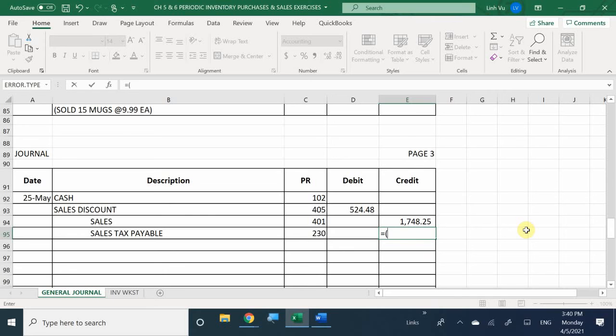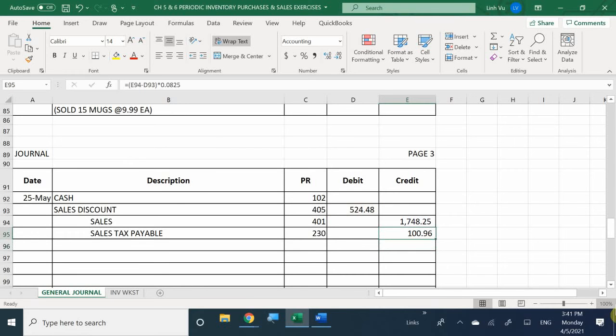So in this case, I'm going to take my 1748.25, subtract out my discount, and then multiply it by 8.25%. $1.96. That's how much tax I'm going to be charged.